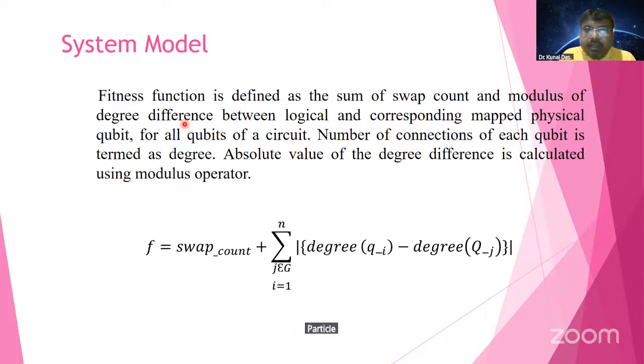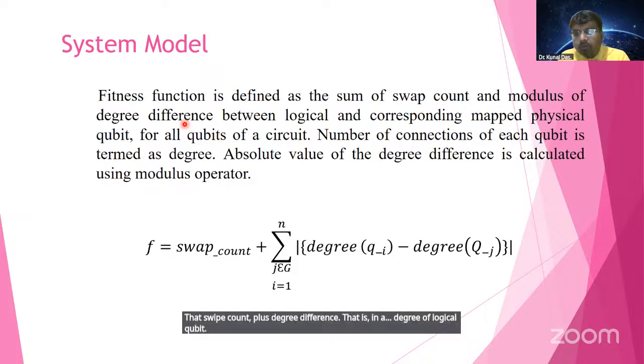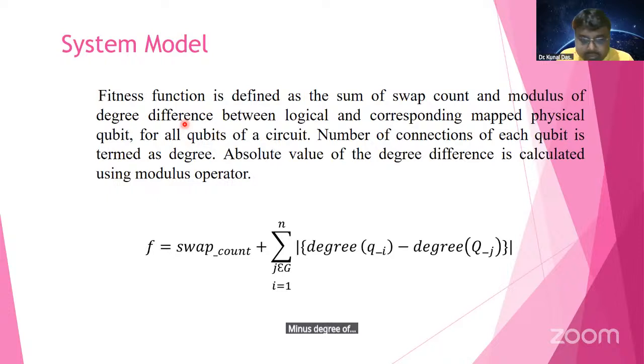So in n particles, we have now considered one thing: swap count plus degree difference. That is, the degree of the logical qubit minus the degree of the physical qubit, and this is summed up.